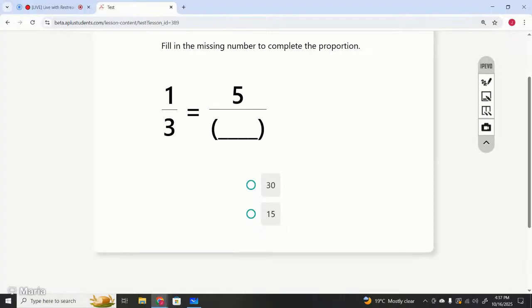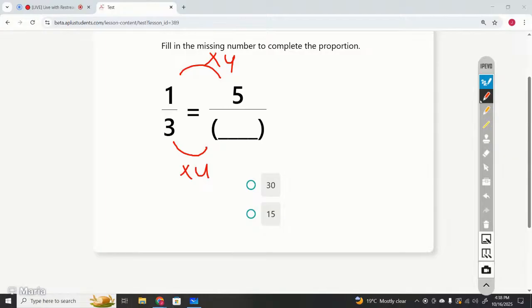Fill in the missing number to complete the proportion. So 1 times 5 is 5, then 3 times 5 is?